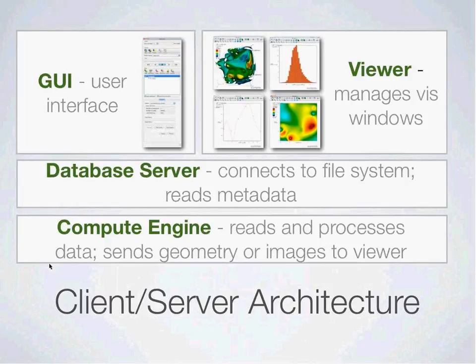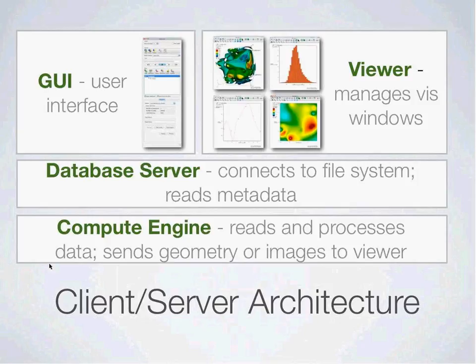Here's VisIt itself. It's actually four different programs together, so that may confuse you when you try to run it. But you'll realize there's the GUI part, which has all the controls of what you're seeing. The actual viz window, which is called the viewer, is where you see your plot.